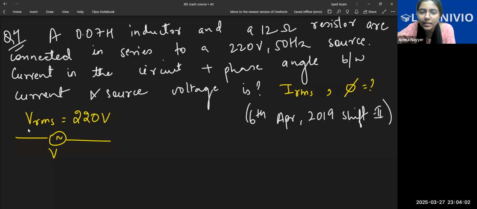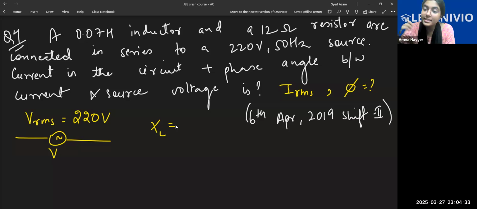Now, tell me how should we calculate the value of XL? Okay, Meera, you tell me. 1 by omega L? No, check. Omega L only.